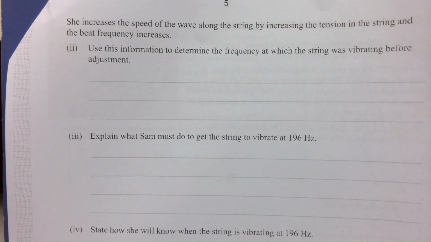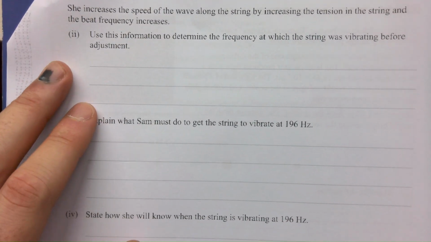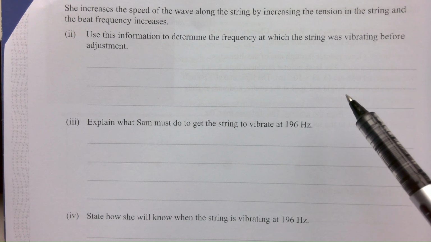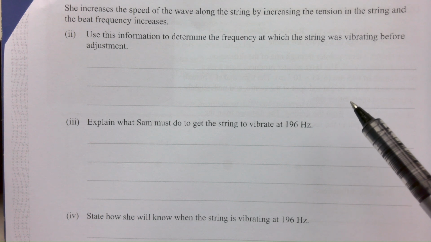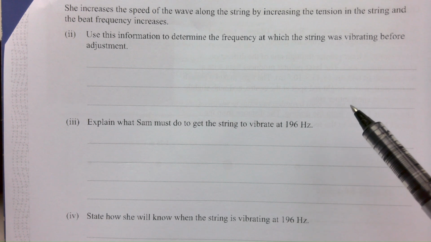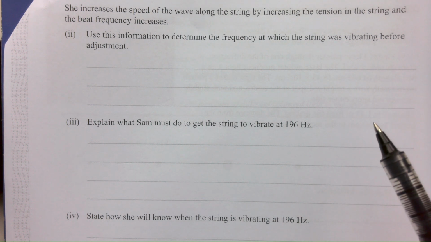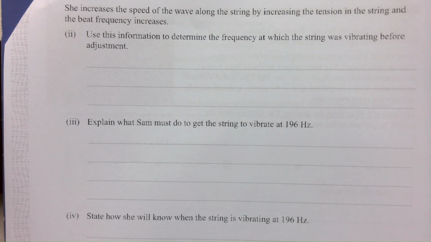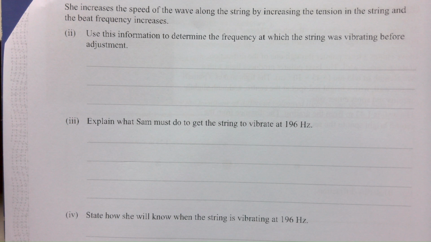Now, part 2 of this question, this is quite a long one. She increases the speed of the wave along the string by increasing the tension in the string, and the beat frequency increases. Use this information to determine the frequency at which the string was vibrating before the adjustment. Now, because we're talking about a violin here, if we tighten the string, we have not changed the wavelength.